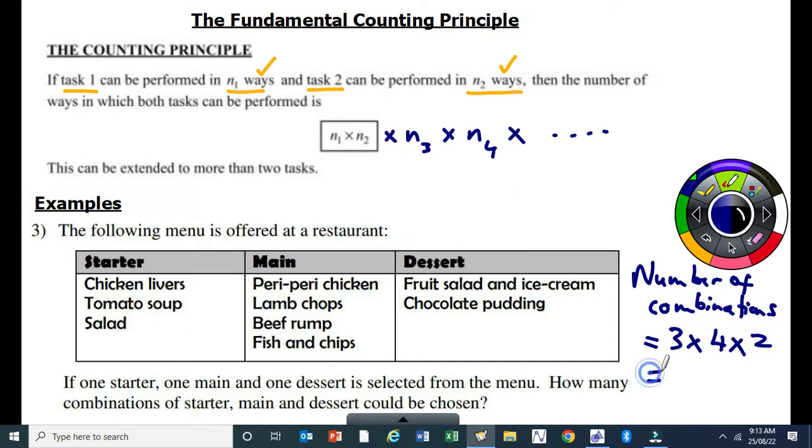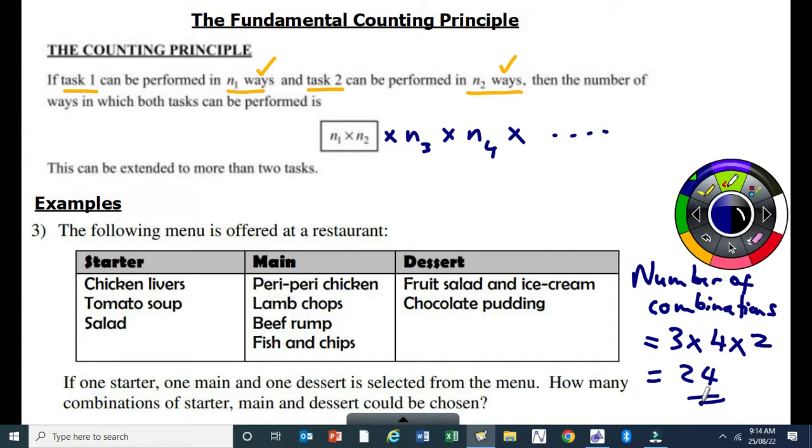If you multiply here, you get 24 combinations. So a person has 24 options in terms of one starter, one main meal, and one dessert. This is a simple example of how we can apply the fundamental counting principle.